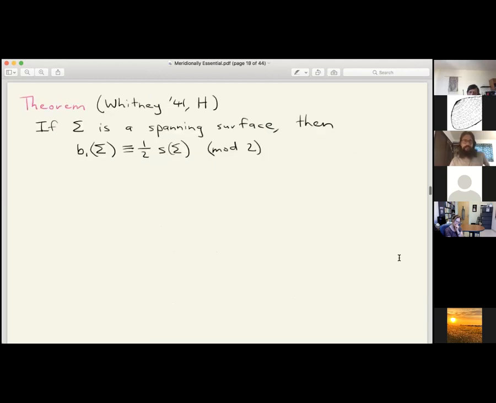Okay, so now related to this geography problem, there's some big theory which we can apply to narrow this space down. The first result is due to Whitney, and this is really about surfaces in the four ball or the four sphere. It has this corollary for the surfaces that we're studying in the three sphere, and that is that the first Betti number of our spanning surface must have the same parity as half its slope.